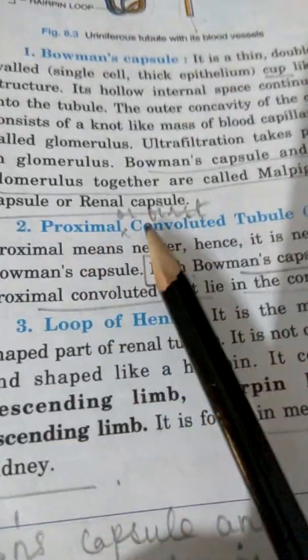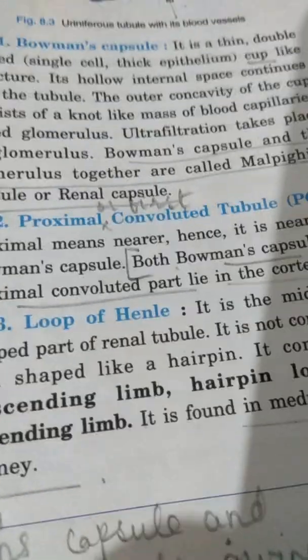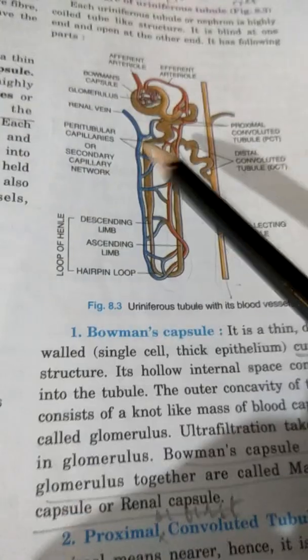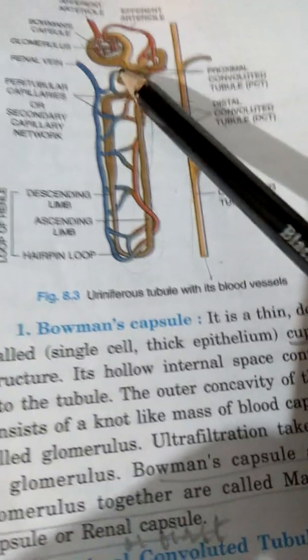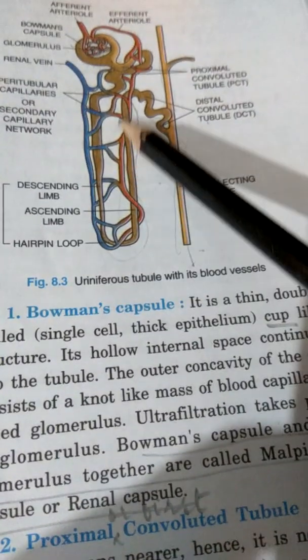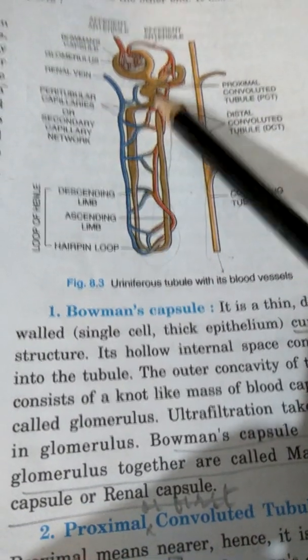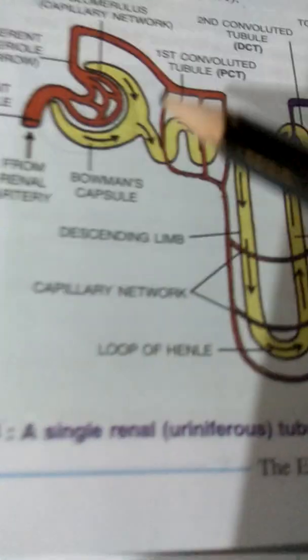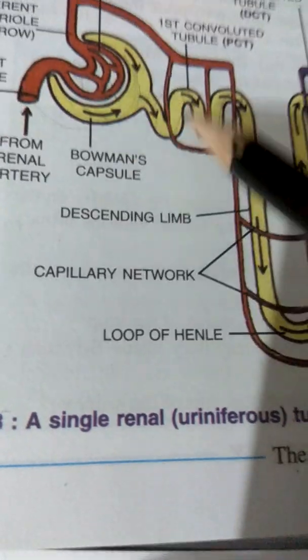Then the second part of the nephron or uriniferous tubule is called the proximal or first convoluted tubule. Proximal means nearer. Convoluted means twisted. So this Bowman's capsule from its hollow side runs into the other part called the tubular part, which is highly convoluted, wavy, near to the Bowman's capsule.